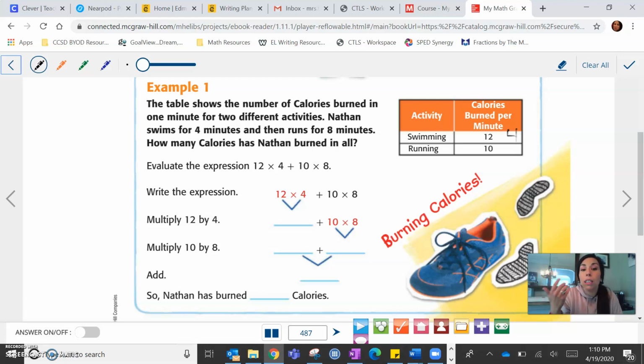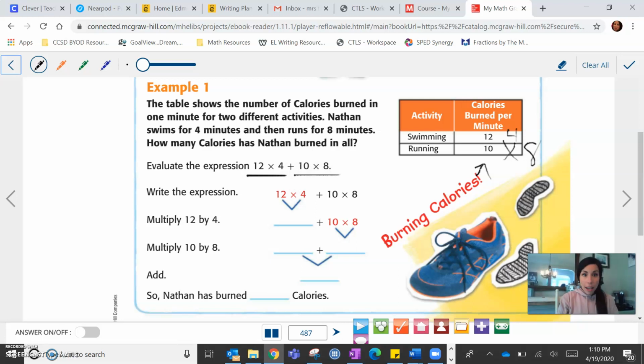So it's going to be 12 times 4. And that's exactly what they've written right here. And then he also ran for 8 minutes. So here's the amount of calories he would burn in 1 minute from running, but he did that 8 times. So that's going to be 10 times 8. Well, look right here. They've got that right there.